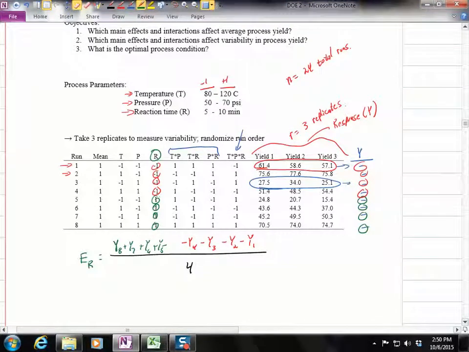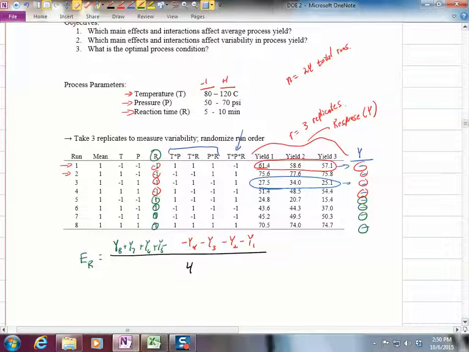Yeah, John. So you said 24 total runs. Is that still 4? Yeah, great question. So we have 24 total runs. Why are we still dividing by 4? It's because I've taken the average of these 3, and so I'm using the average column here, which is what we'll do always.